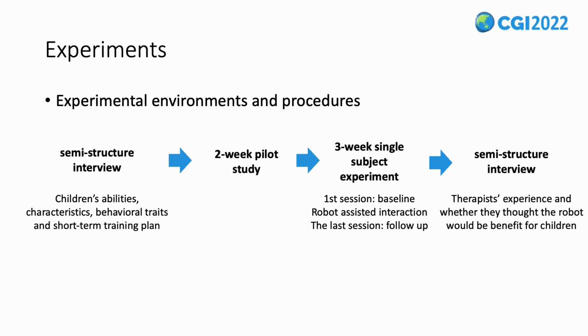This design includes baseline, robot-assisted training, and follow-up phases. In addition, at the end of each week, we conducted 20 minutes semi-structured interviews with each therapist and supervisor to ask them about their experience and whether they thought the robots would be beneficial for children.